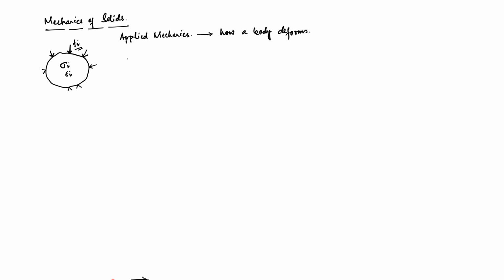That means, we have a body which may deform, but which may not. So, if it deforms, we call it a deformable body. If it does not, then we call it a rigid body. Right.